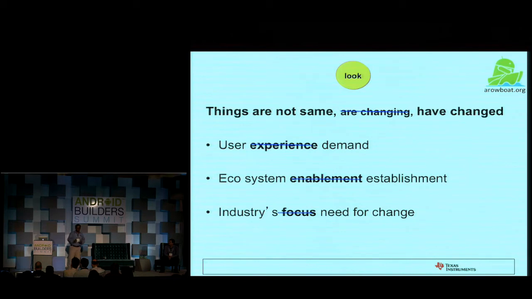How do we leverage the existing ecosystem? And how does the industry focus? Earlier the industry used to focus 4 or 5 years down the line, but today it is about how I can rapidly adopt the changing needs of the industry and the market. I have a few examples to explain each of these.